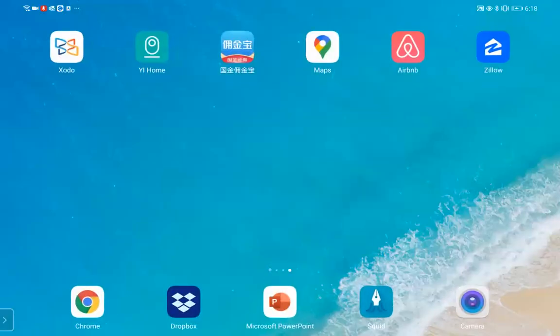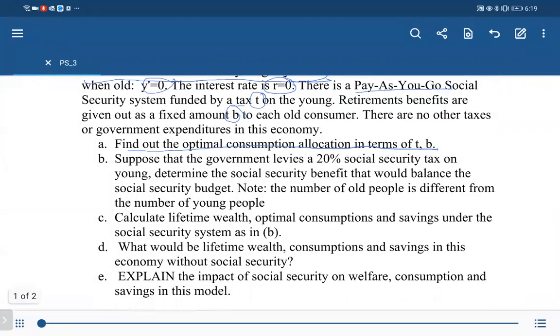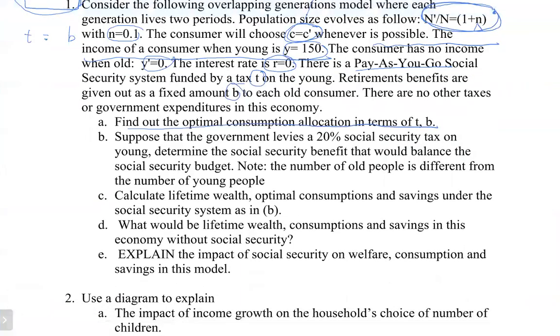Now we look at the second part. Suppose that the government levies a 20% social security tax on the young. Determine the social security benefit that would balance the social security budget.